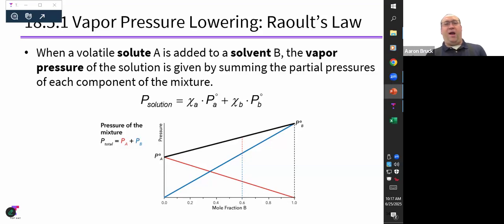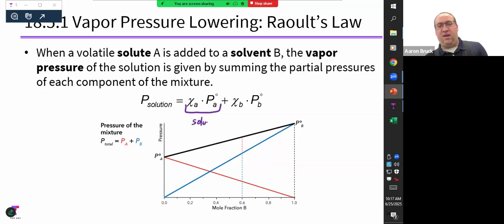So basically, I have to apply Raoult's law twice. So once for solute A, and then again for solvent B.